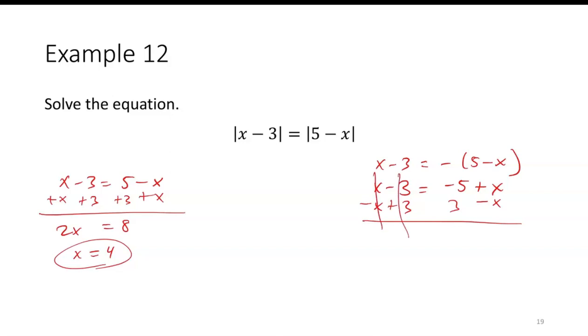Minus 3 plus 3 is 0. So I end up with 0 on the left side. Negative 5 plus 3 is negative 2, and x minus x is 0. 0 equals negative 2 does not have an answer, so there's no solution for that. And I can effectively ignore that part. So there's only one answer here, and that's when x is equal to positive 4.